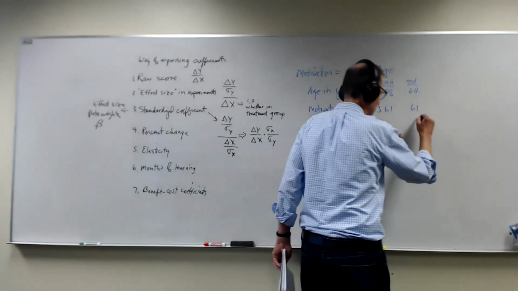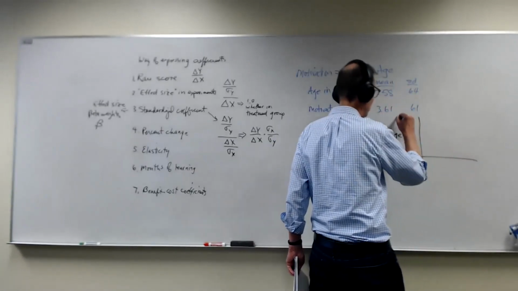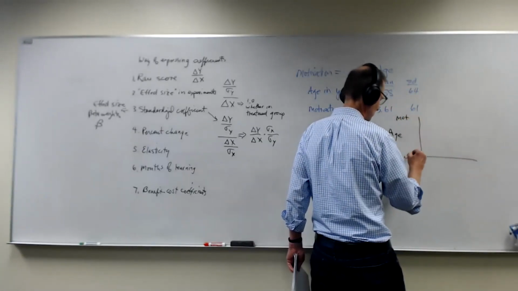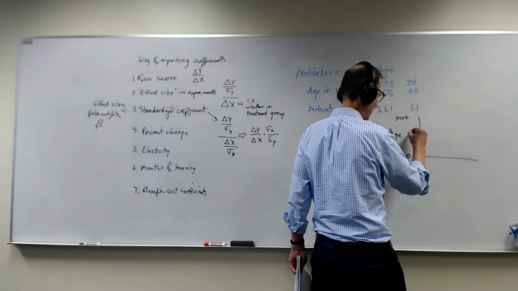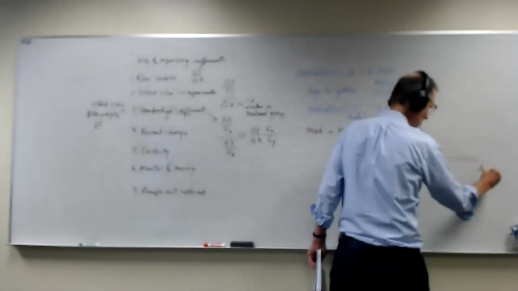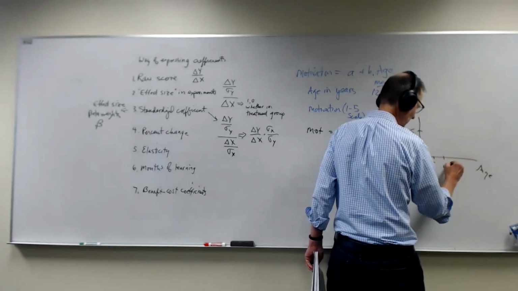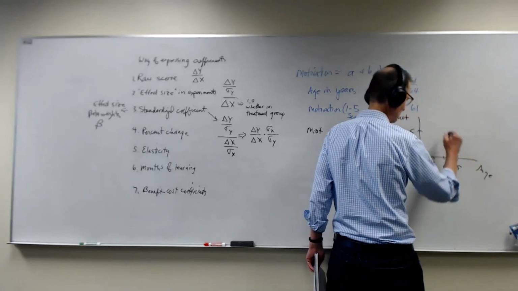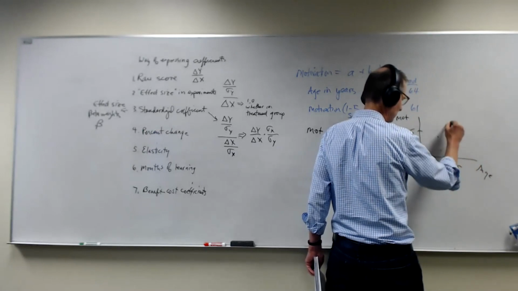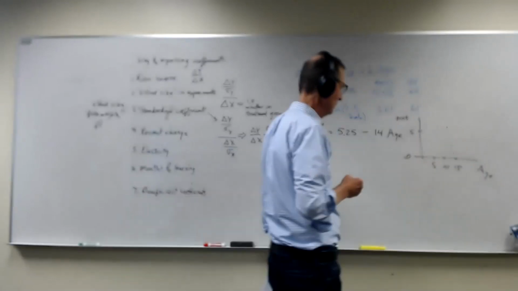All right, so you plot motivation, 0 to 5, that's the scale, and age here, 5, 10, 15. The sample is really in this 10 to 15 range.